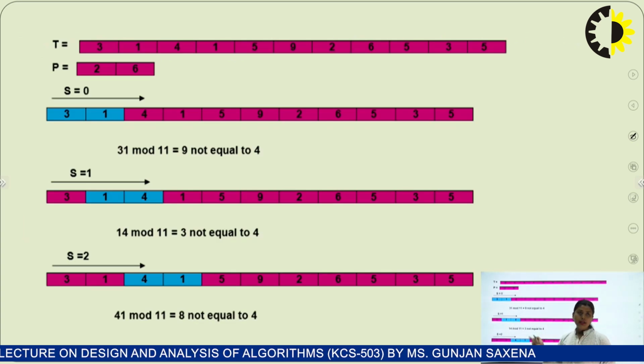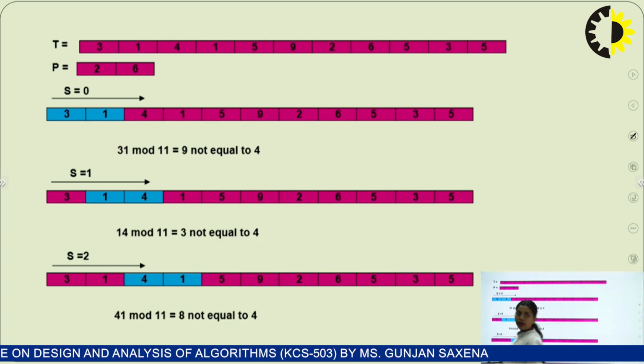So in this example we take a view of how Rabin-Karp actually works. First we write down the text, and after that the pattern.